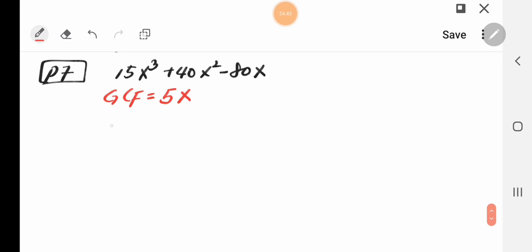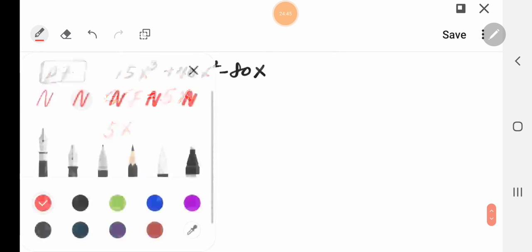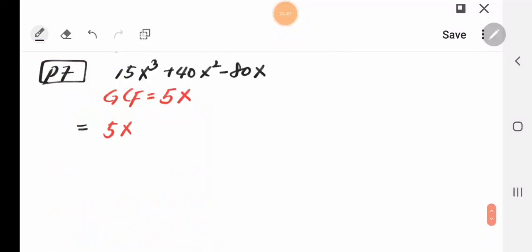Let's factor out 5x from this trinomial. Then 5 times 3 is 15, with one x out, so x squared, plus 5 times 8 is 40, with one x out, so 1x left. And 80 is 5 times 16, that is 80, with x out, so minus 16.